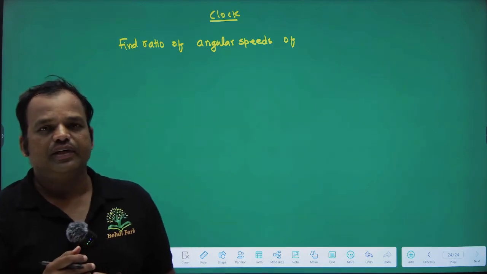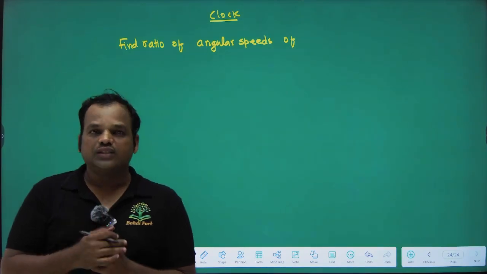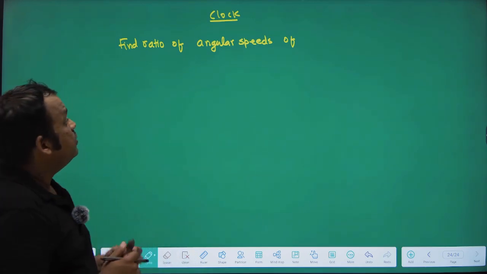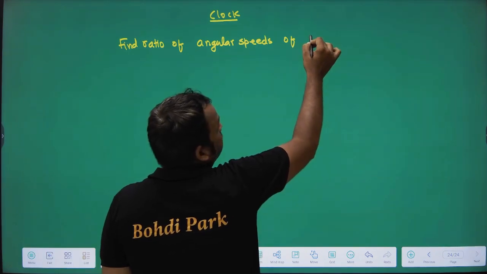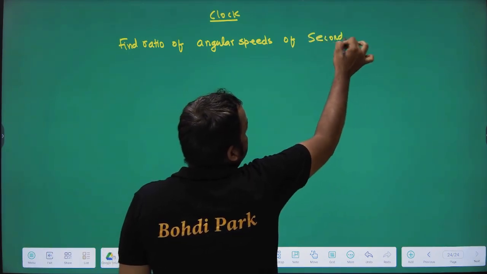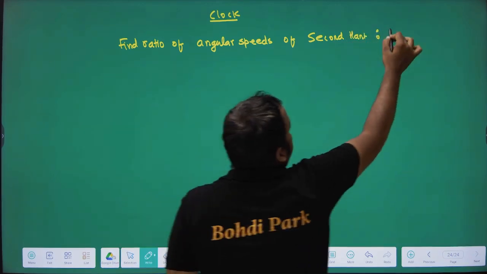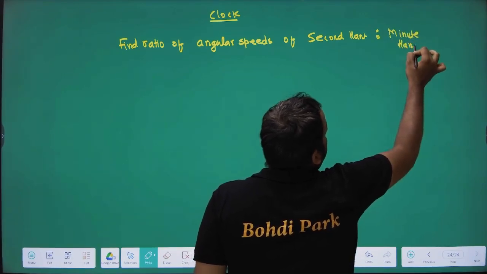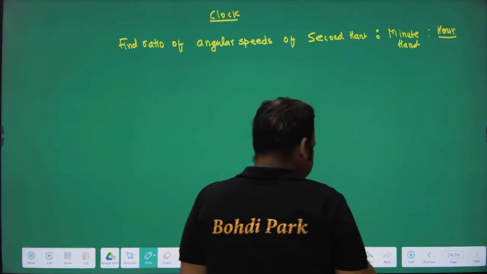The angular speed is maximum for second hand, minimum for hour hand. So what are the ratio of angular speeds of second hand, next is minute hand, next is hour hand.